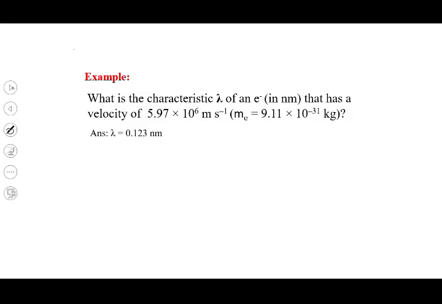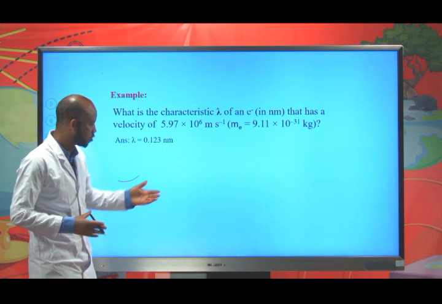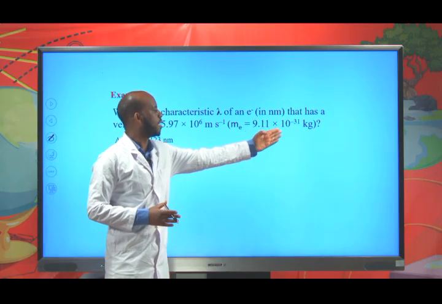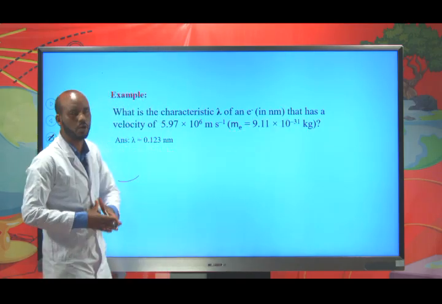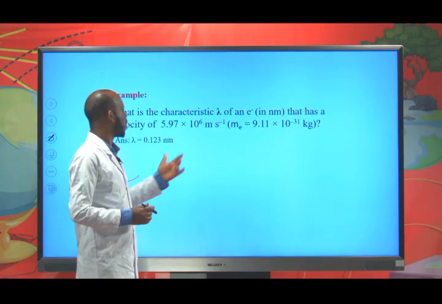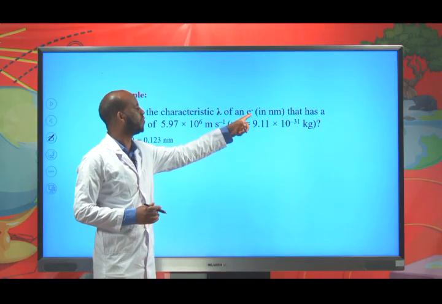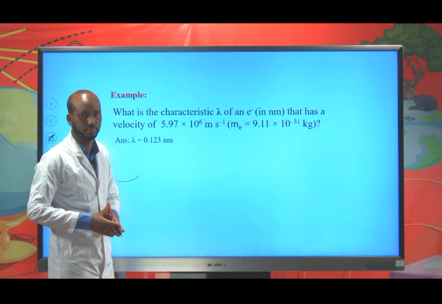For example, what is the characteristic wavelength of an electron, in nanometer, that has a velocity of 5.97 times 10 to the power of 6 meter per second? Mass of electron is 9.11 times 10 to the power of minus 31 kilogram. You are asked to calculate the wavelength of an electron.